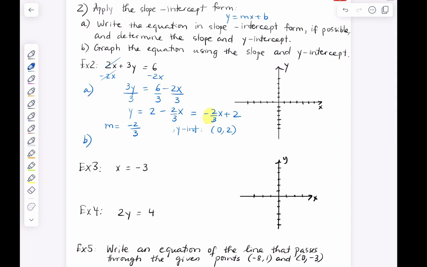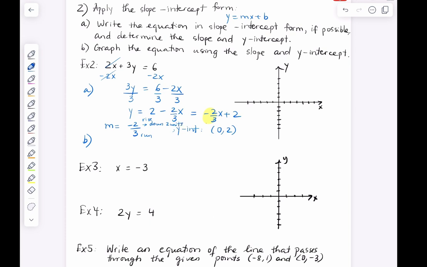Now the slope is negative 2 over 3. This is where we are going to use the concept rise over run to see how the line behaves. So with rise over run, rise is the numerator and run is the denominator. Rise refers to going up or down, and run refers to going left or right. So with rise being negative 2, that means you need to move down 2 units.